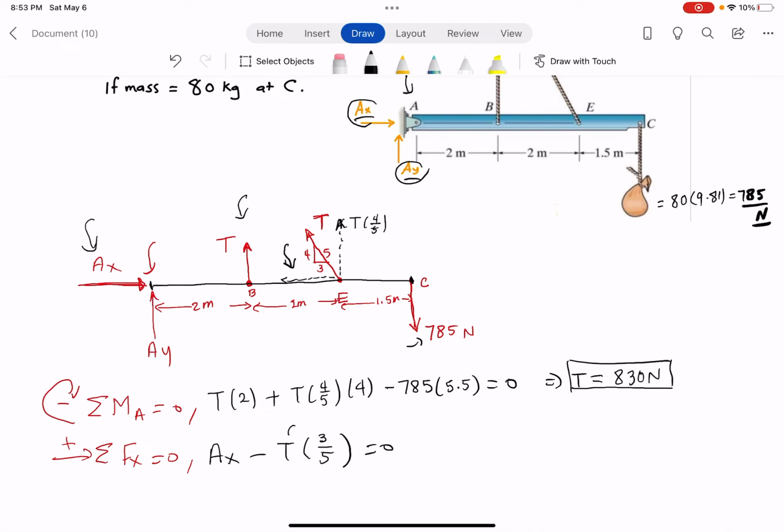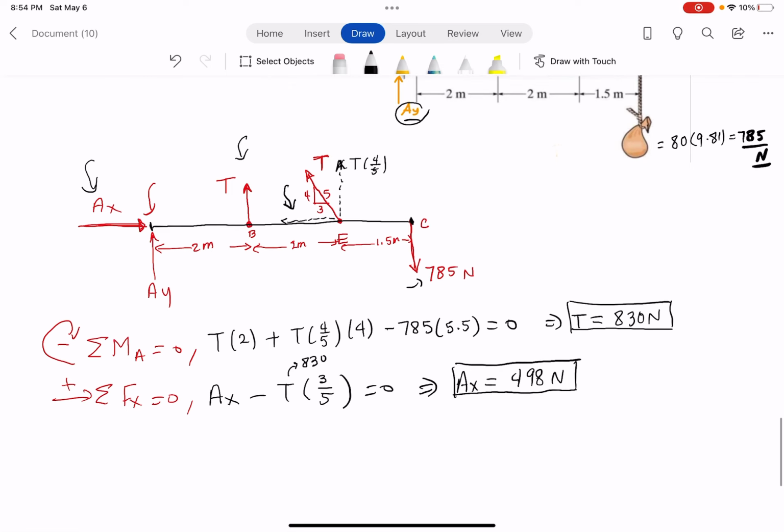Tension we know, it's 830. So 830 times 3/5, and that is equal to 498 newtons, and that's AX. Let's do AY.